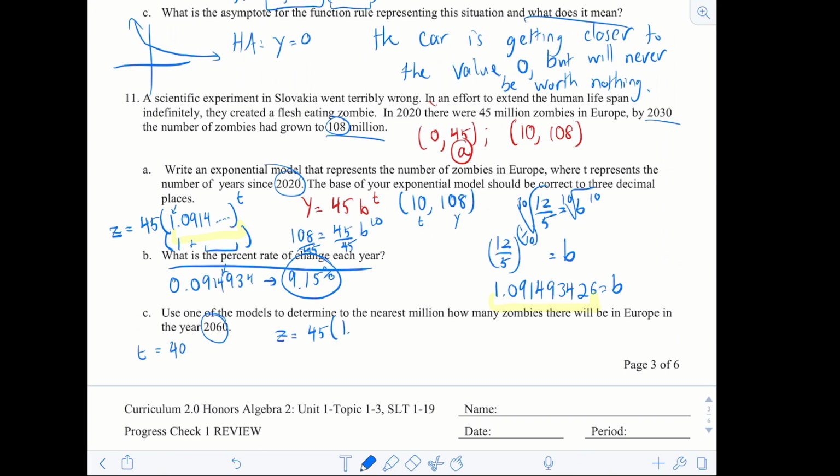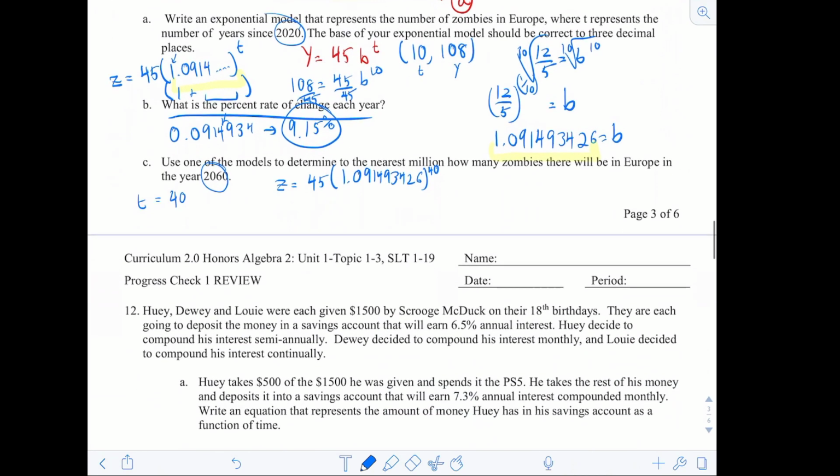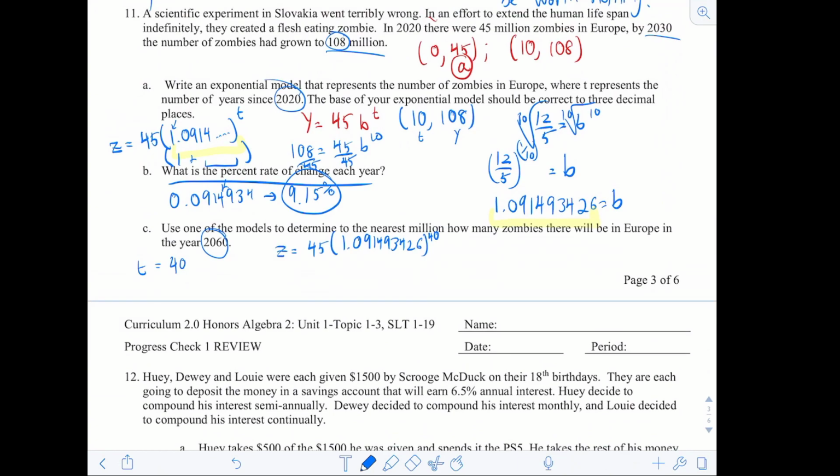So anyway, 1.091493426. I'm going crazy in terms of the amount of decimals I really need. In fact, that value is actually in my calculator, so I can just keep referring to it. So I'm going to type in 45 parentheses my answer from before, then raised to the 40th power.